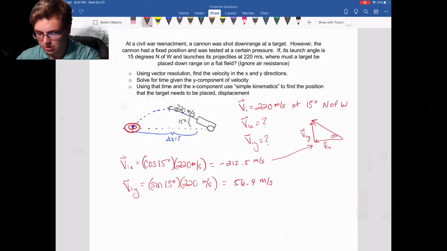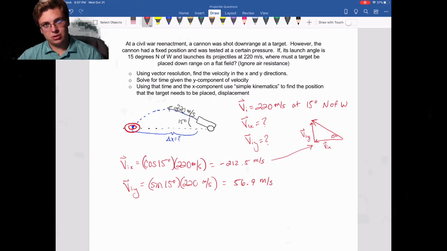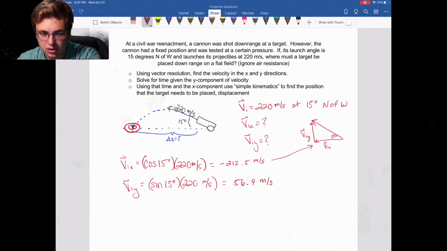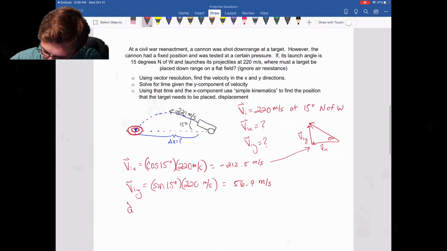Now why is that important? Well, we use our same equation. We can solve for how long it was in the air. How can we find the time? Well, we still know our Ax is 0 meters per second squared.